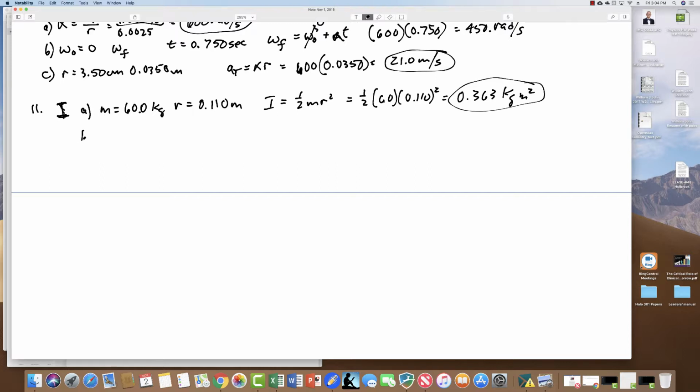Now the second situation is basically, we now have the similar cylinder here, except the mass of this part of it excludes her arms, so it's only 52.5.